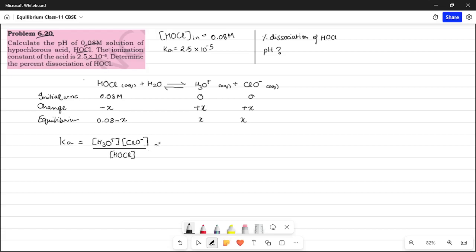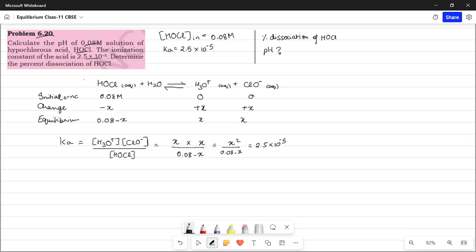So this is equal to X into X divided by 0.08 minus X. This is equal to X square divided by 0.08 minus X, which is equal to 2.5 into 10 to the power minus 5. That is because we've been given that the value of Ka is equal to 2.5 into 10 to the power minus 5.